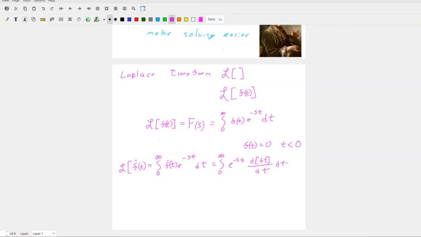So integration by parts results in a Laplace of f dot of t is equal to e to the negative st solved between 0 and infinity plus the s domain integral from 0 to infinity of e to the negative st f of t dt.